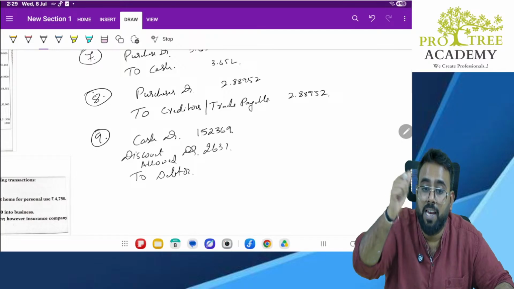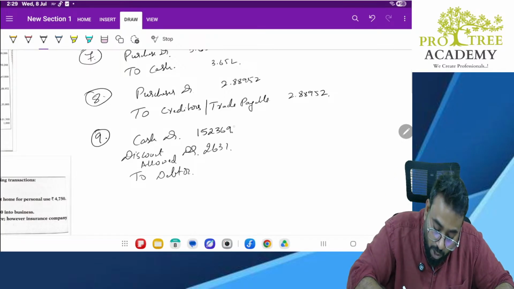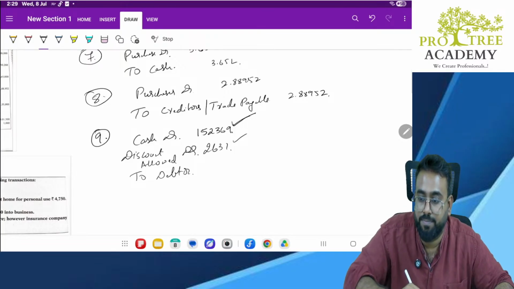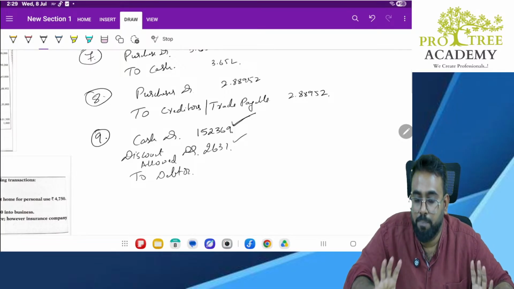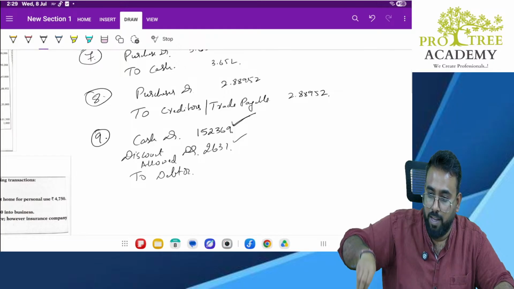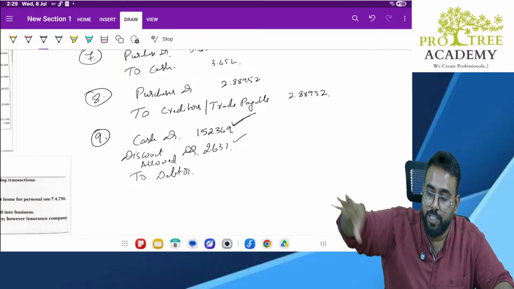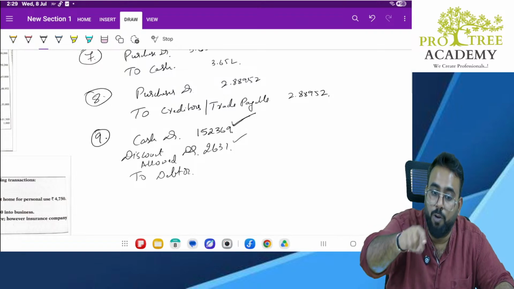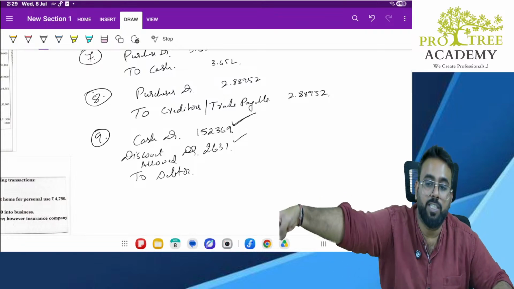Now by how much his balance came down? Is it only how much he paid or is it whatever he paid plus discount? In a simple example, I had to receive 10 lakh from ABC. He paid 9.5 lakh. Now his balance will come down by 9.5 lakh or it will come down by 10 lakh? It will come down by 10 lakh. Why? Because I gave him discount of 50,000.